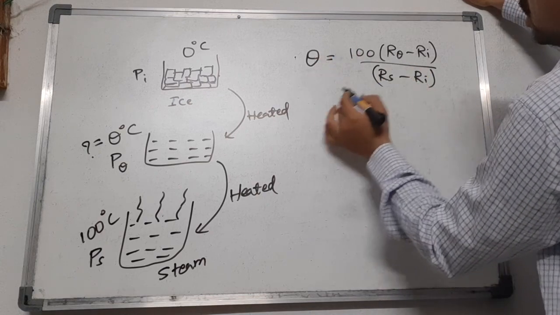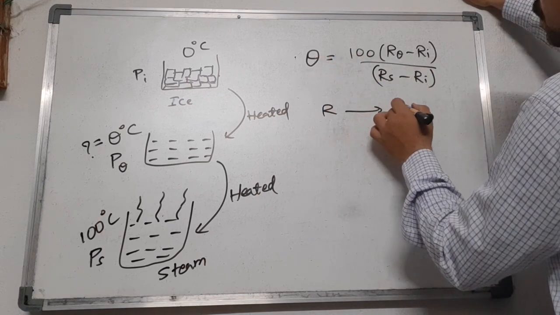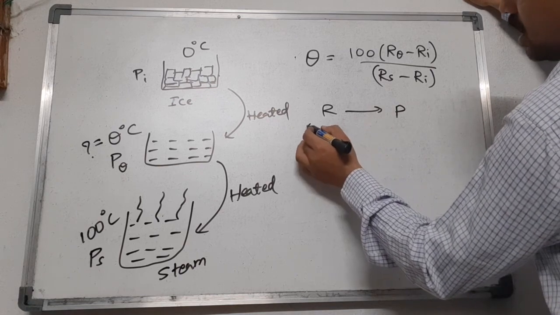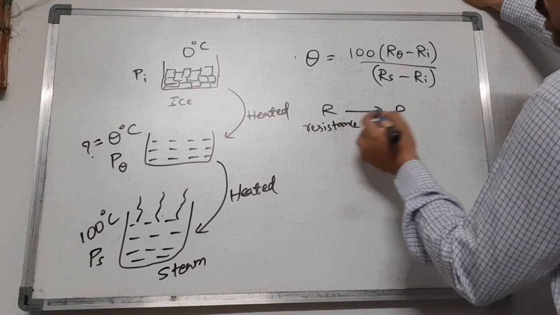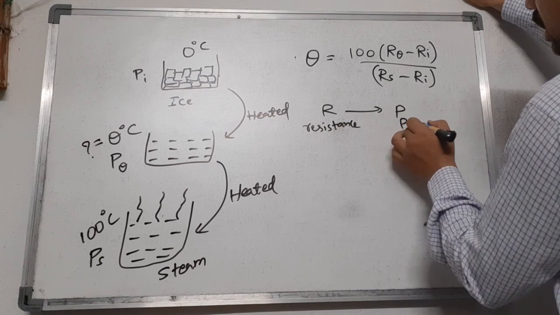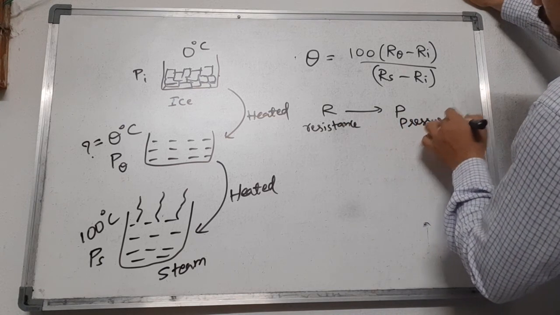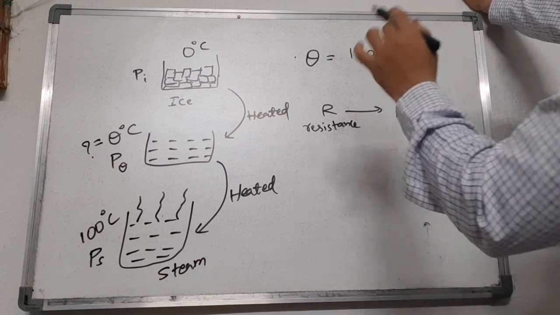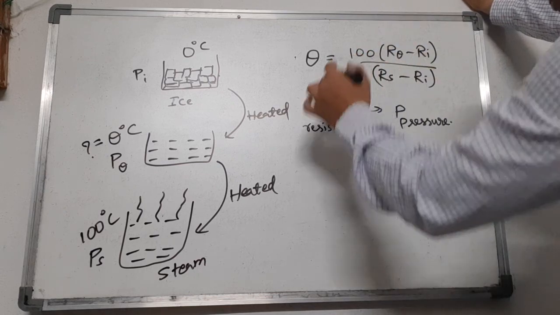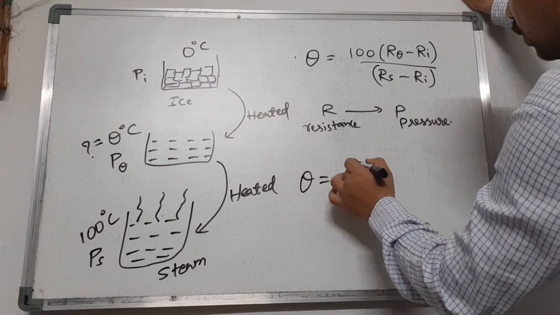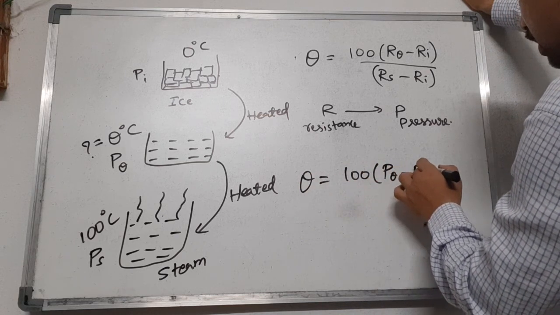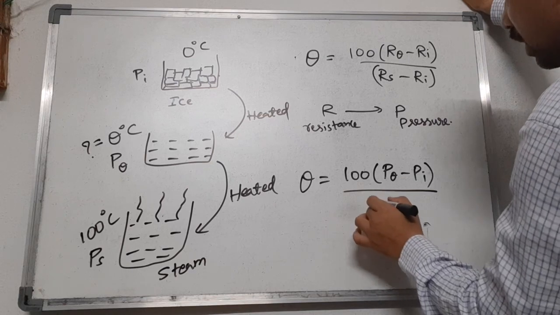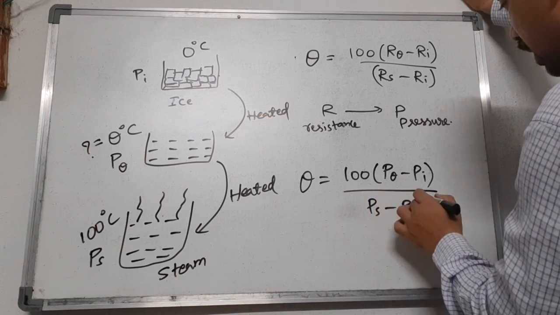Here R is changed to P, for pressure, corresponding pressure at the corresponding temperature. So theta is equal to 100 into P theta minus Pi divided by Ps minus Pi.